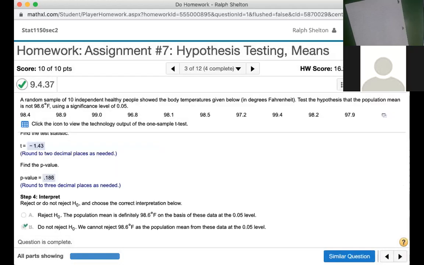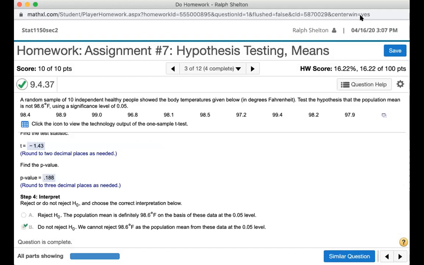Here we have a random sample of 10 healthy people with body temperatures. Test the hypothesis that the population mean is not 98.6 at a significance level of 0.05. So we're testing that it is not this value, so our alternative hypothesis is going to be not equal to.